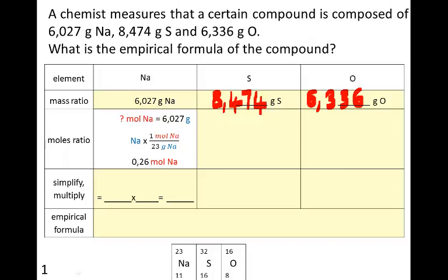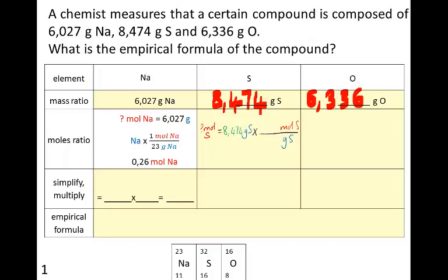So let's convert this mass ratio into a particle ratio. That's been done for us already for sodium, 0,26 moles of sodium. Let's do it for sulfur. How many moles of sulfur is 8,474 grams of sulfur? We multiply that by a conversion factor, which has grams of sulfur at the bottom, mole of sulfur at the top.